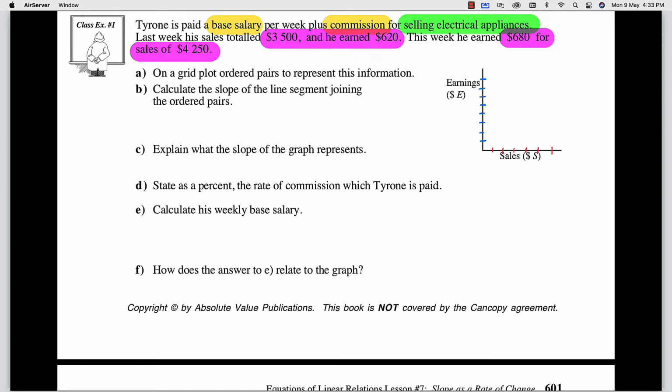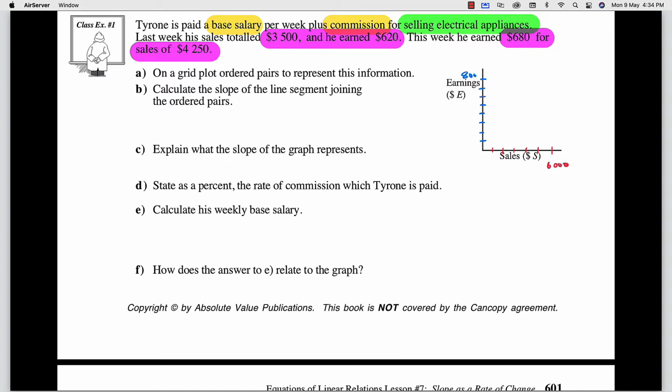So this was basically up to $6,000 in sales, and we said we went up to $800 in earnings. That would be up here. So if I look at the first point, it's 620, or the X would be 3,500.